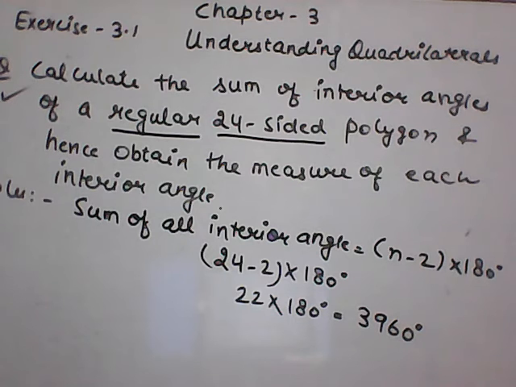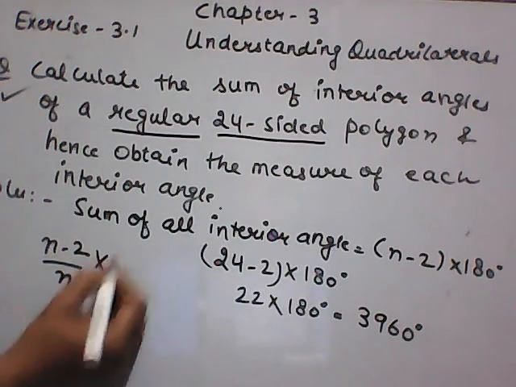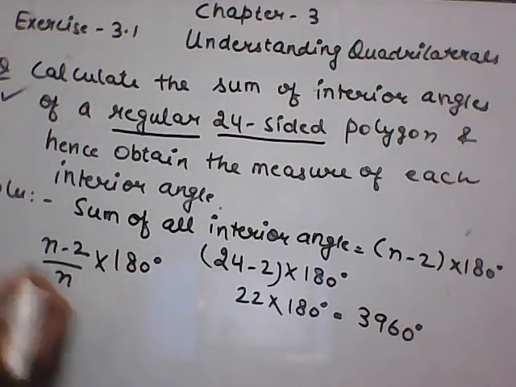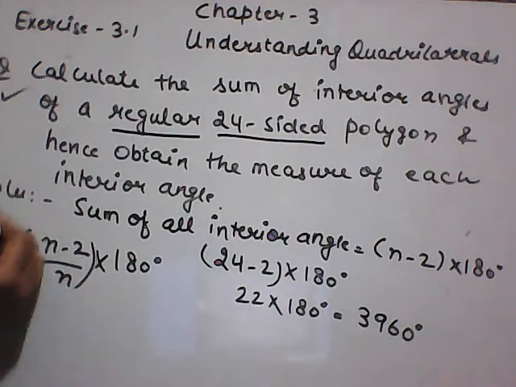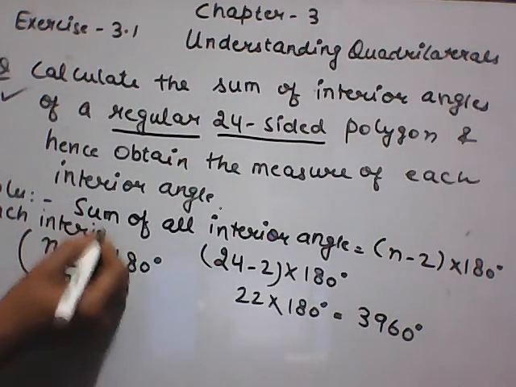In the next part, you have to obtain the measure of each interior angle. The measurement of each interior angle can be calculated by using the formula (n minus 2) divided by n multiplied by 180 degrees. Now solve it.